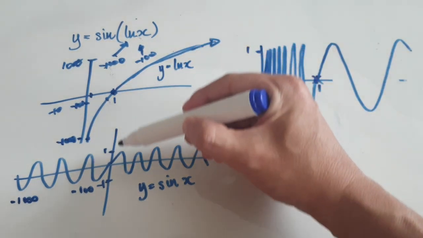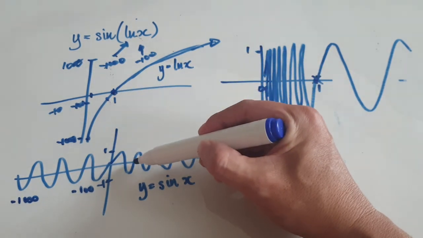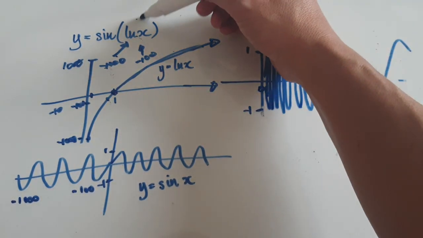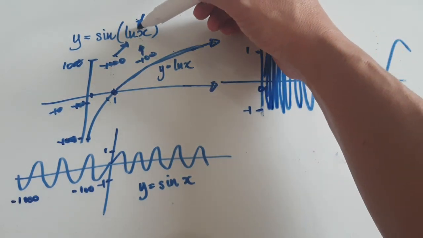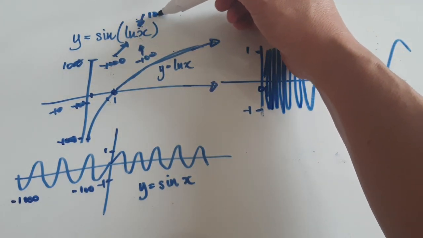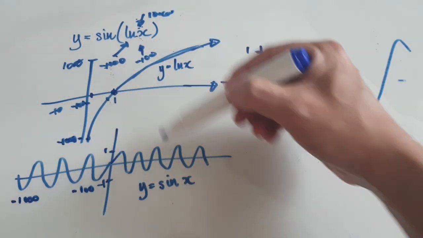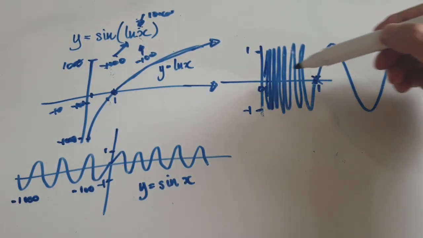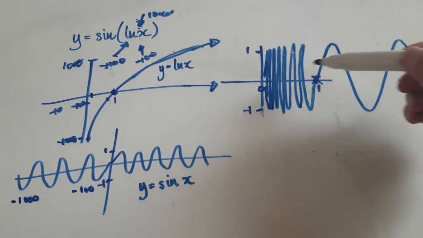It does still oscillate. So from 1 to infinity, natural log has the ability to go up to, let's say, 1 million. So it still oscillates, but just very slowly. So your graph will look something like this. Okay.